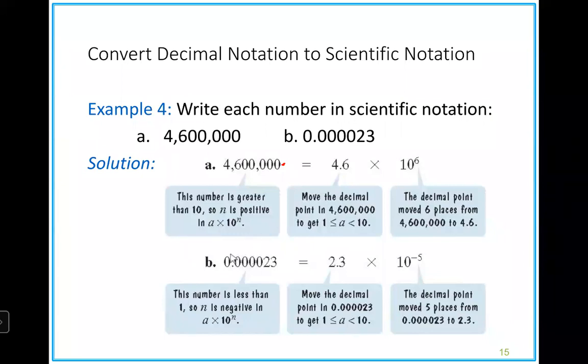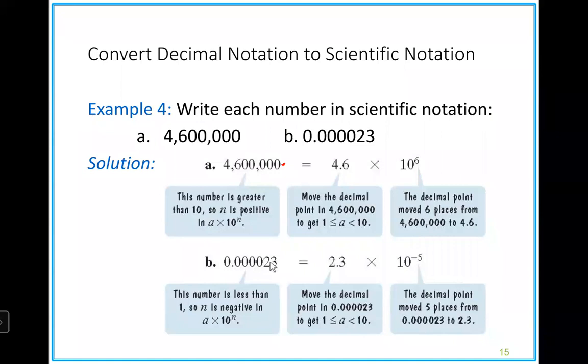Any number, like in the second example where the number is less than 1, 0.000023 is less than 1, the power is going to be negative. The exponent is going to be negative. So we're going to follow the same principle. We need to get the point here, the 2.3, because the first part of the scientific notation must fall between 1 and 10. So the point is going to be between the 2 and the 3.